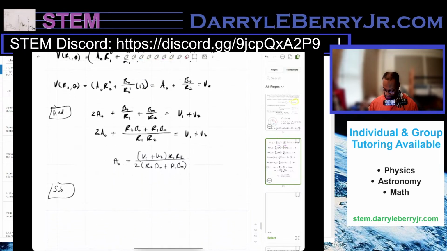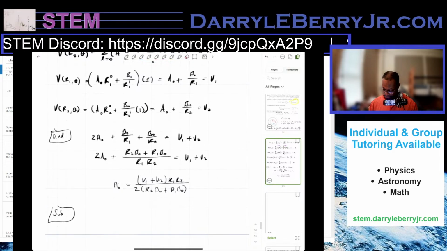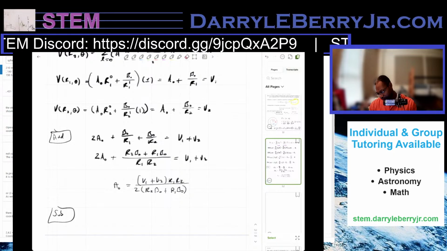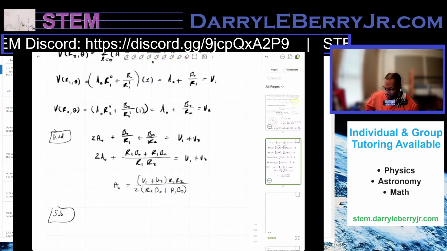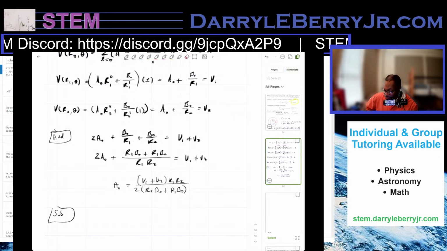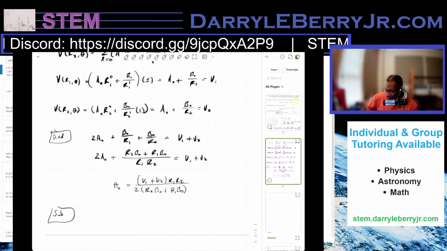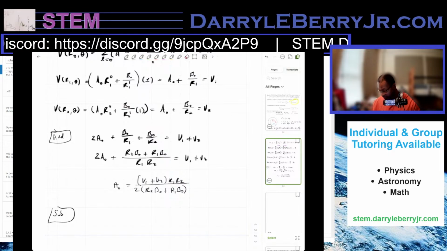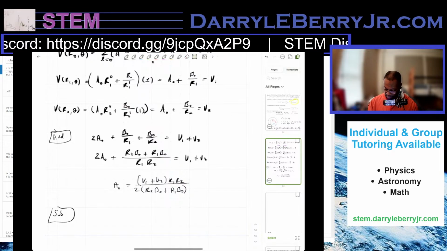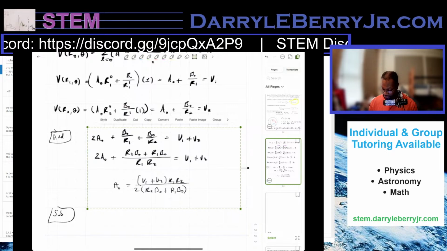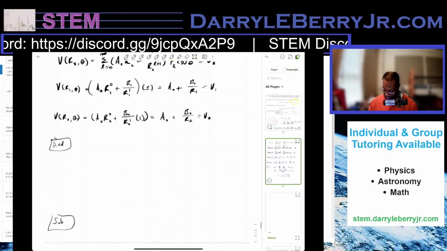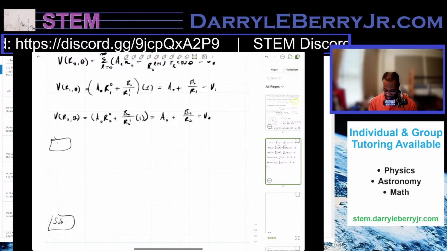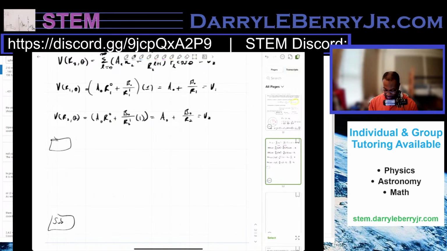Let's see, so we can eliminate the, the thing is though, B naught, different denominators. Let's see how this works. We want to have it in terms of only one or the other. I'll try subtraction first.